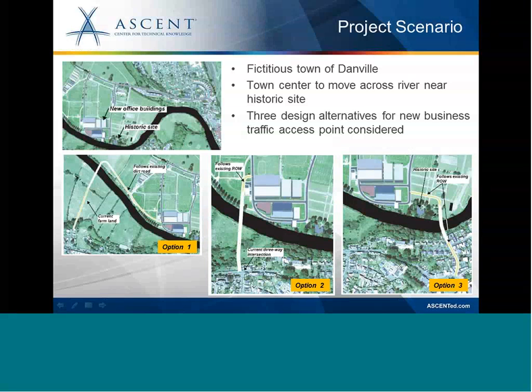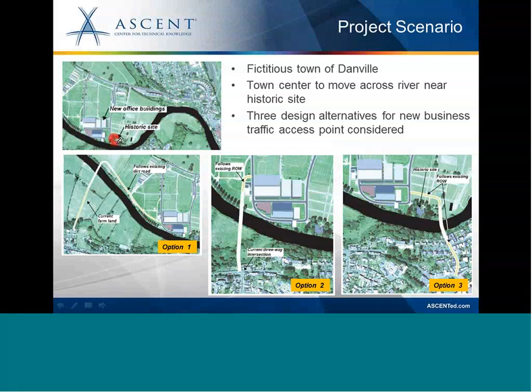And so they've asked us to design a road that helps access this new town center and eliminate a little bit of traffic through the neighborhoods, and also protect a historic site, which is the governor's mansion that's right next to the town center.